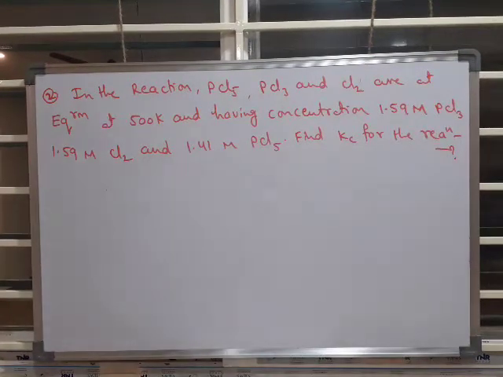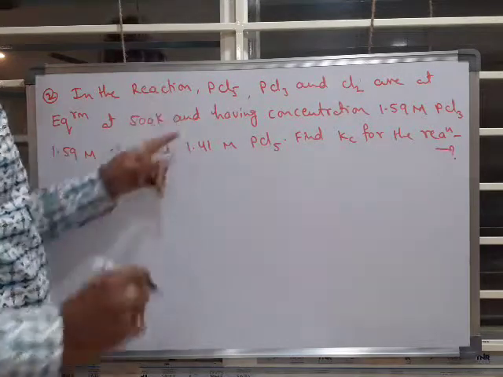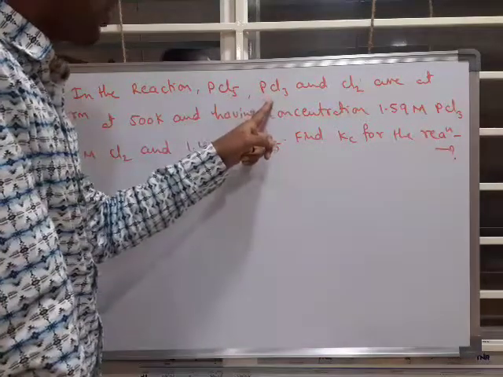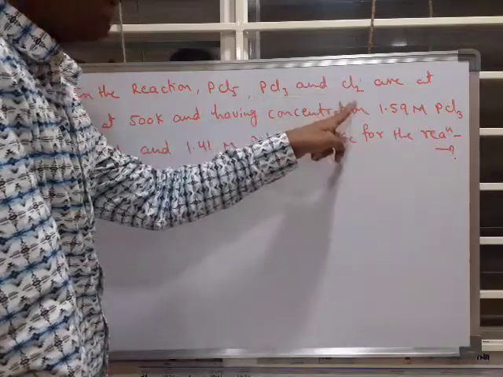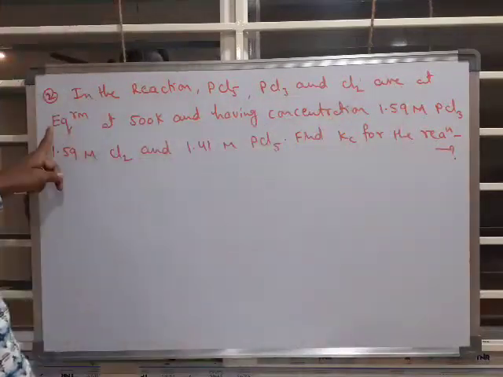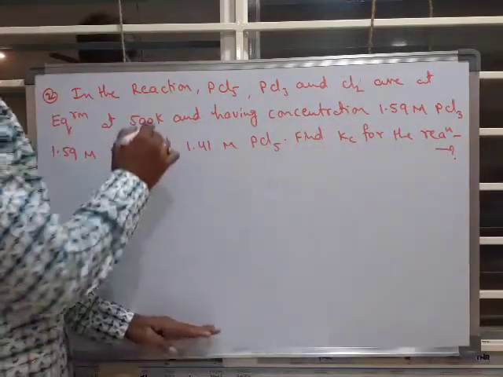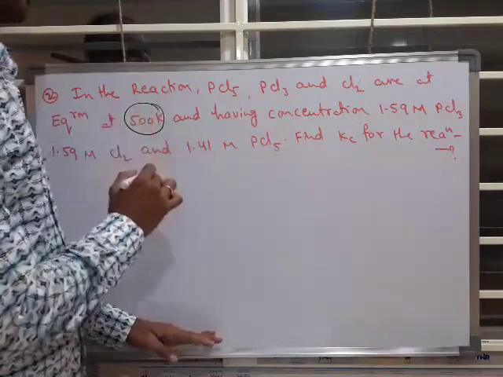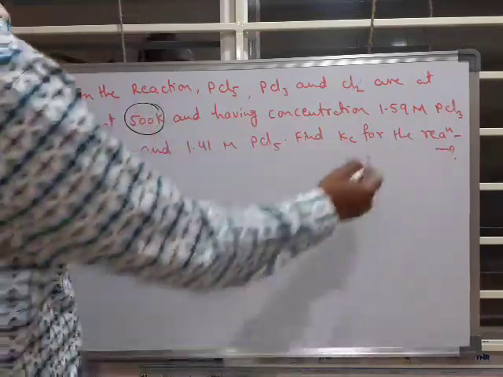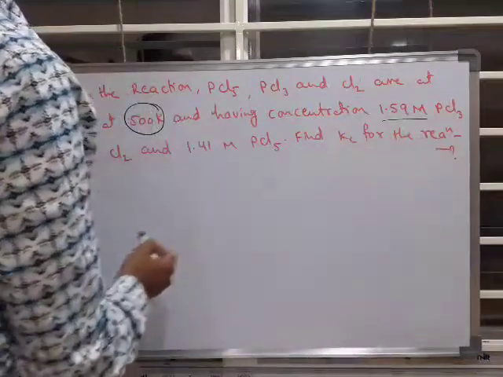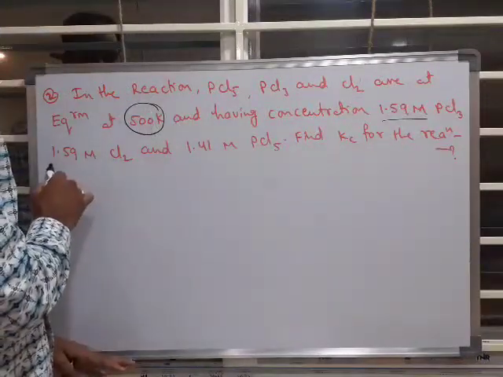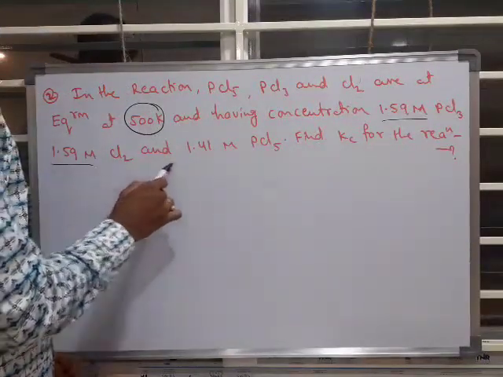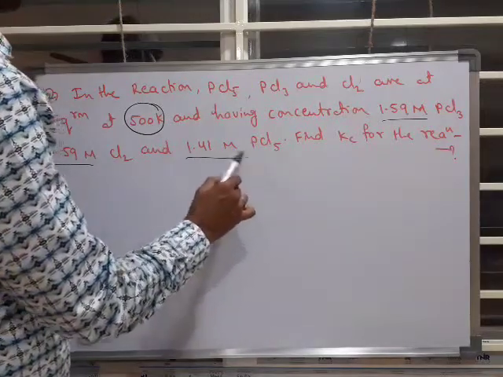Okay, see the next one. In a reaction, phosphorus pentachloride, phosphorus trichloride and chlorine gases are at equilibrium. So it is also at 500 Kelvin and having concentrations 1.59 molarity of PCl3, 1.59 molarity of chlorine and 1.41 molarity of PCl5.